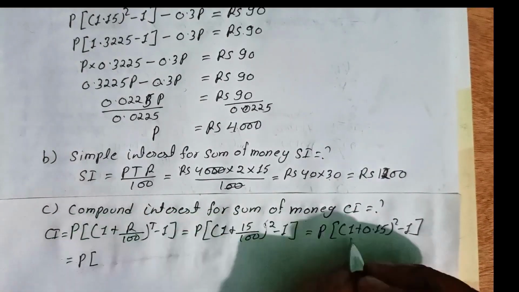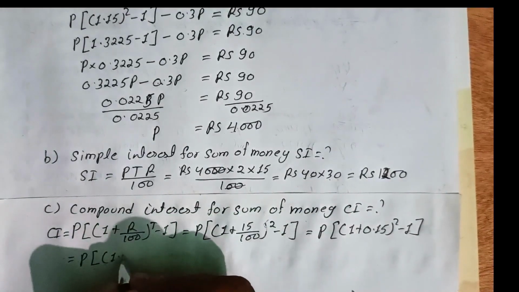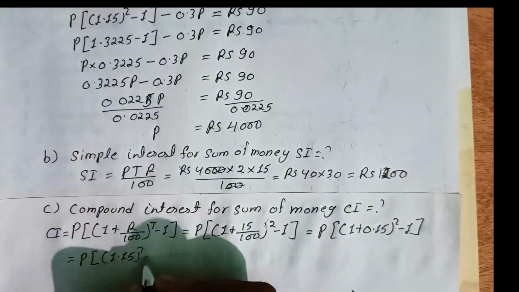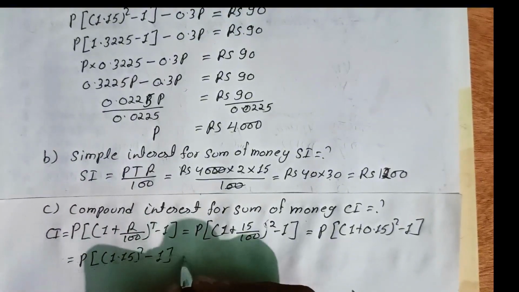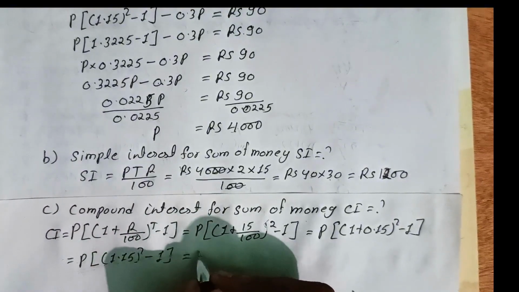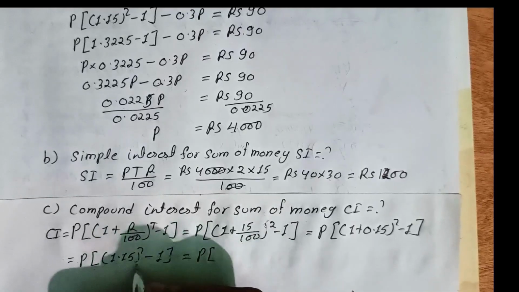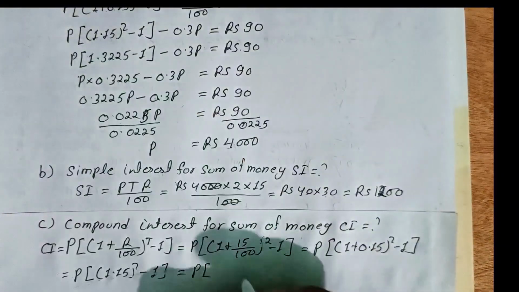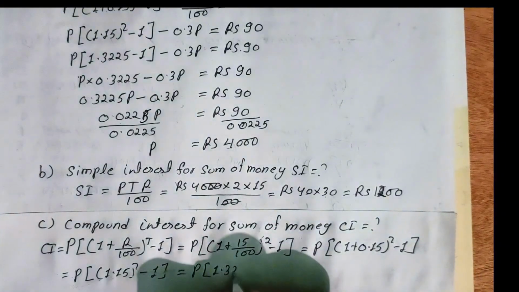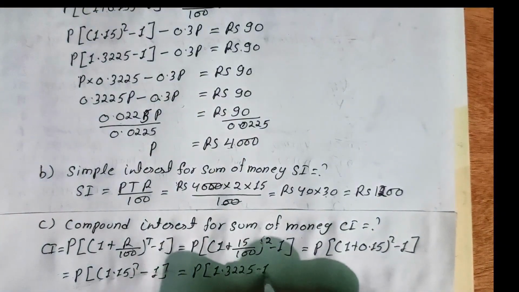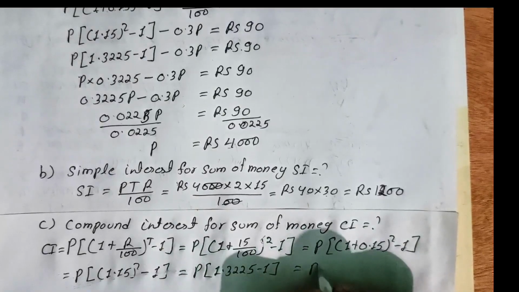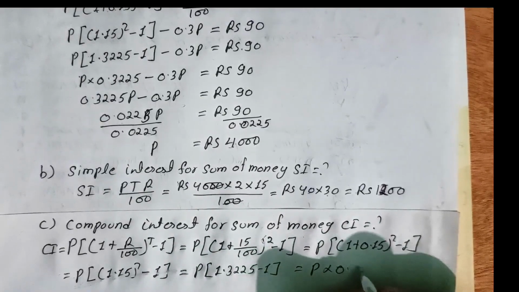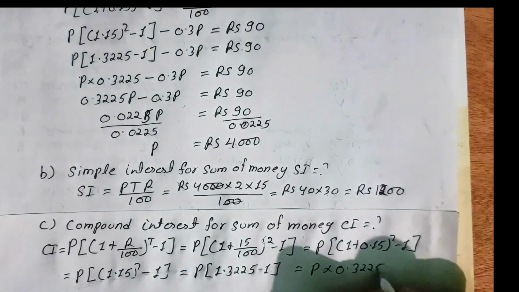Here it is 1.15 square minus 1, and the square of 1.15 we have already found, that is 1.3225, so 1.3225 minus 1 comes to P into 0.3225.